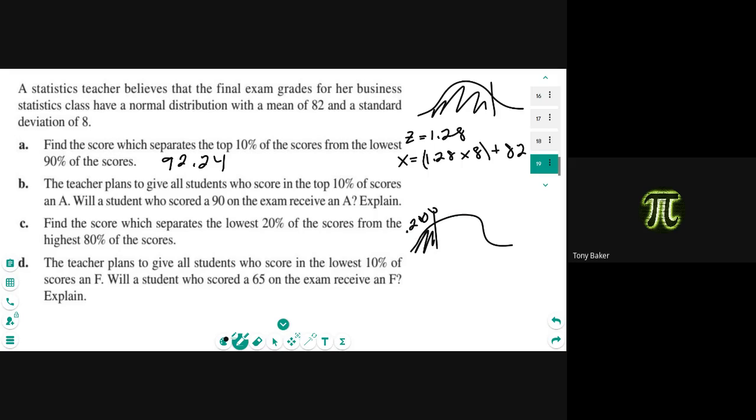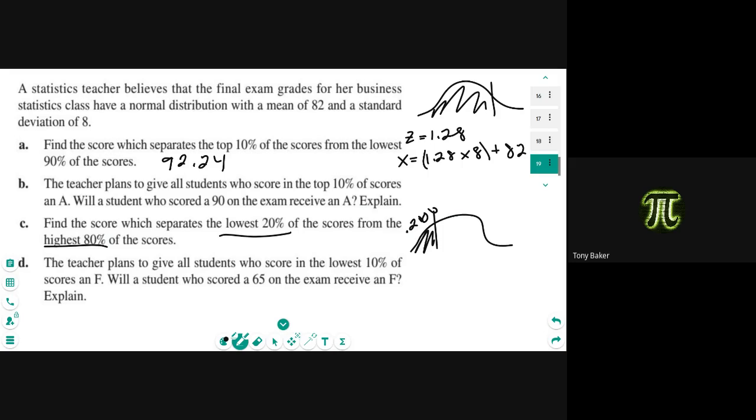So 0.2. It said we're separating the lowest 20 from the highest 80. Remember, whenever we're looking at the table, we're always going from the left over, right? So we're looking at the lowest 20%, where in the previous problem we were looking at the lowest 90%. That's why we use 0.9.